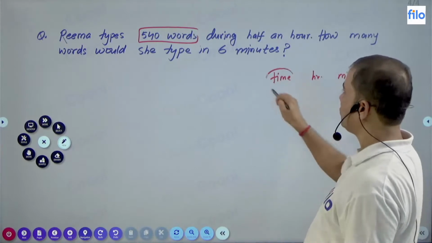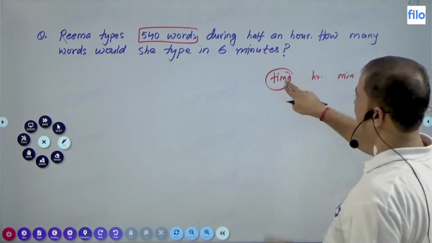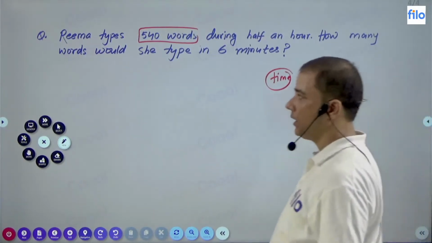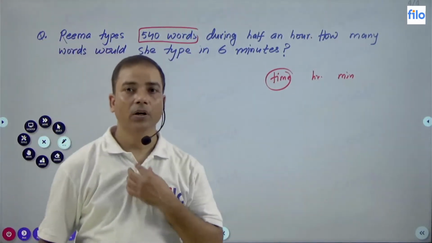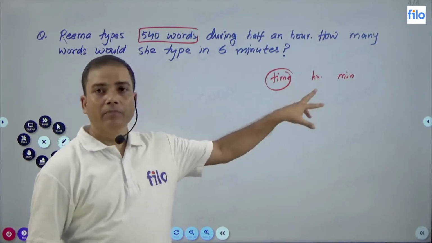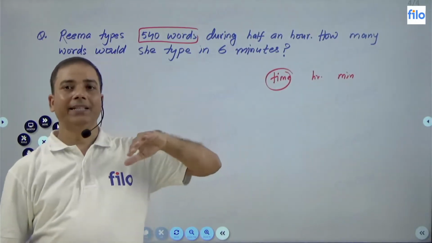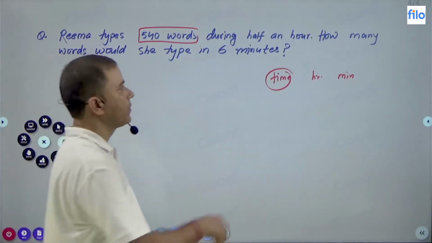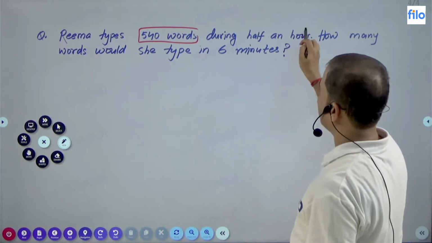If the same quantity in a single question has more than one unit like this, then be careful. You will be wrong if you don't change them. Either make both of them into hours, or make both of them into minutes. So let us take it into minutes. Half an hour, minutes.